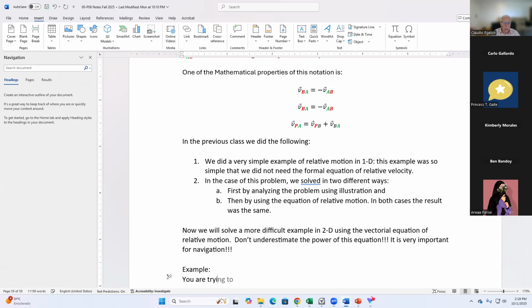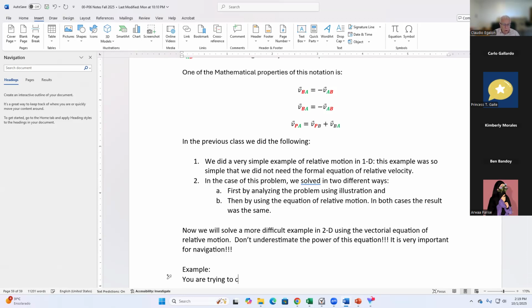I just did the qualitative treatment of this problem. Now let's try to do the quantitative treatment of this problem, right?